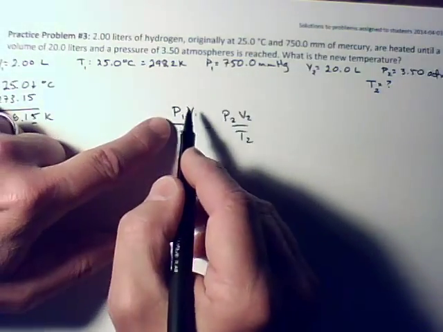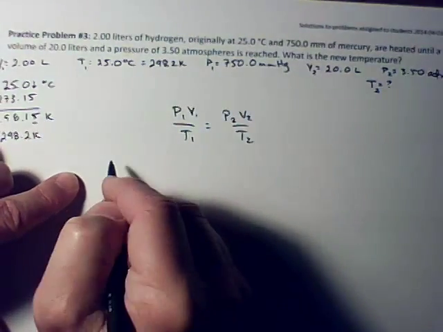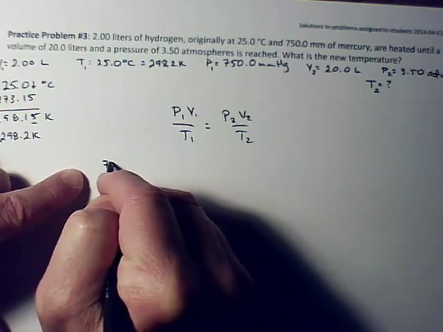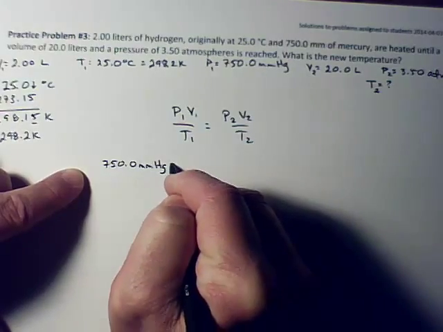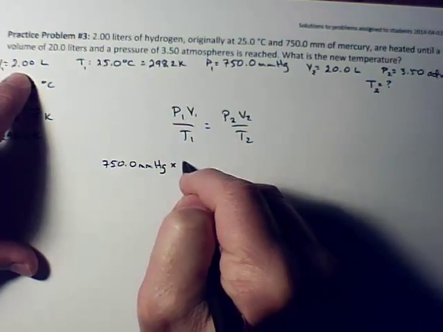So we've got pressure 1 is 750 millimeters of mercury, and volume 1 is 2 liters.